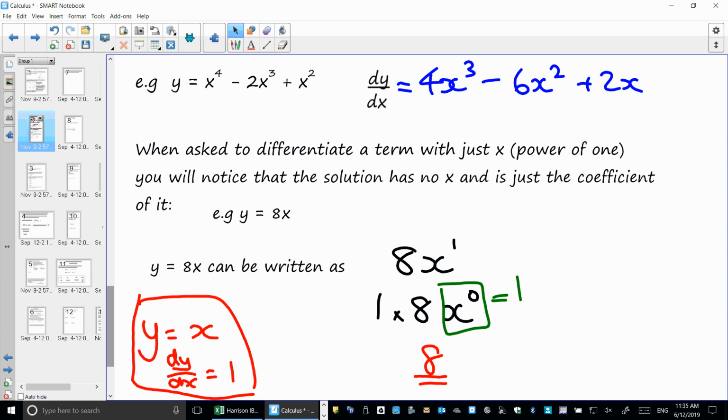If in those questions you just wrote 8, you get nothing. But if you did the times 1, you would still get nothing, because if they've asked you to use first principles, you have to use first principles. It doesn't happen very often.